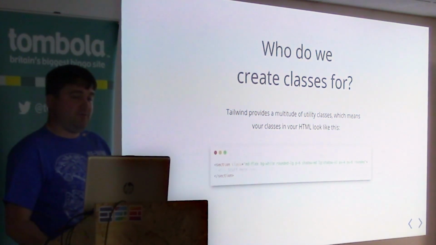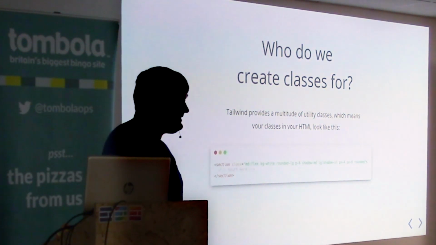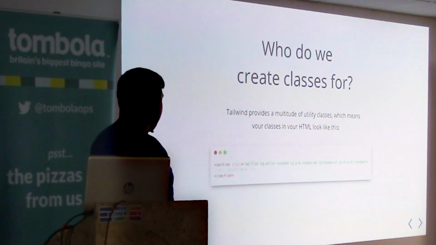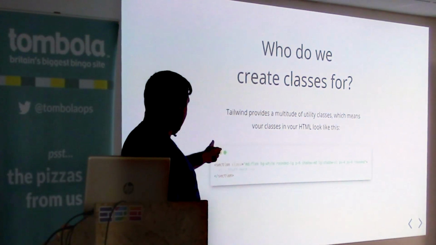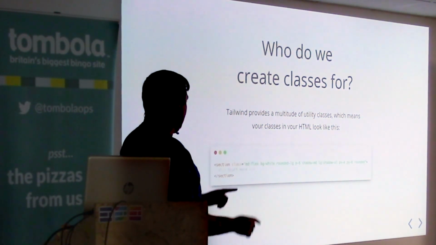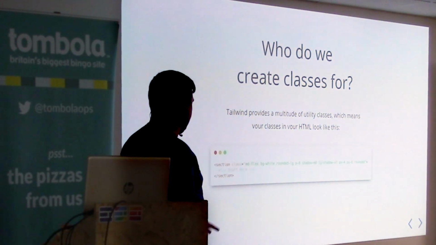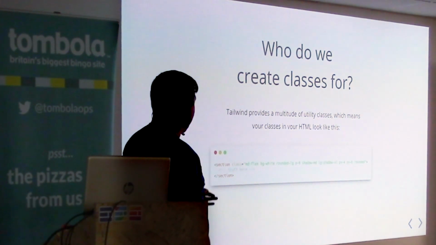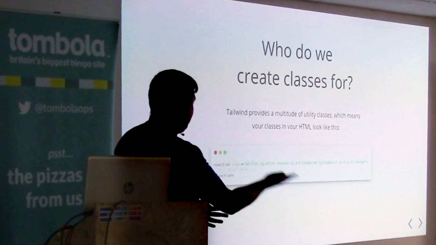So obviously Tailwind provides a multitude of utility classes, which means that your classes in HTML, I don't know, can people see that properly? Yeah. So obviously here you can tell that this section, on a medium screen, is displayed with flex. Its background's white. It's got a large radius on the corners. It's got padding of 6. You can just read what it's doing.